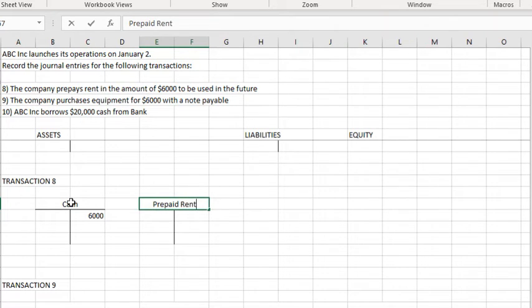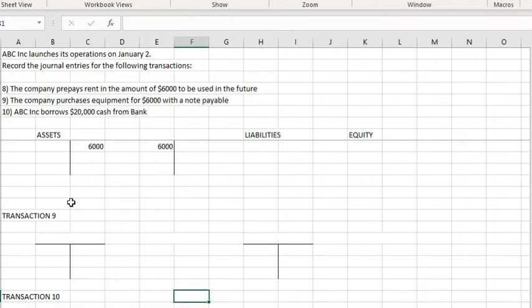Anything that is prepaid is considered under asset until we use it, and in closing entries we are going to see that once we start using them, we are going to reduce that asset type, the prepaid asset type, and we are going to record that as an expense. But for now we are recording the prepayment, so it's going to reduce cash and increase the asset called prepaid rent.